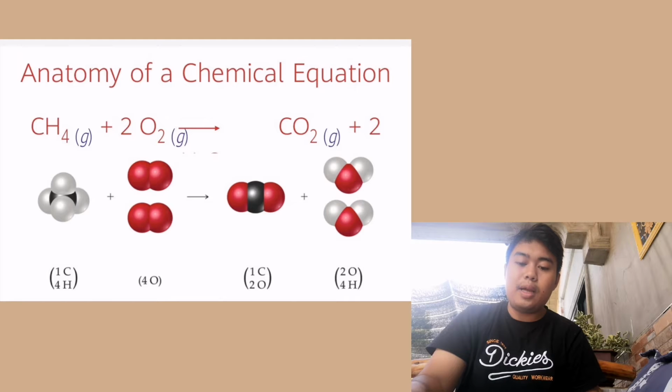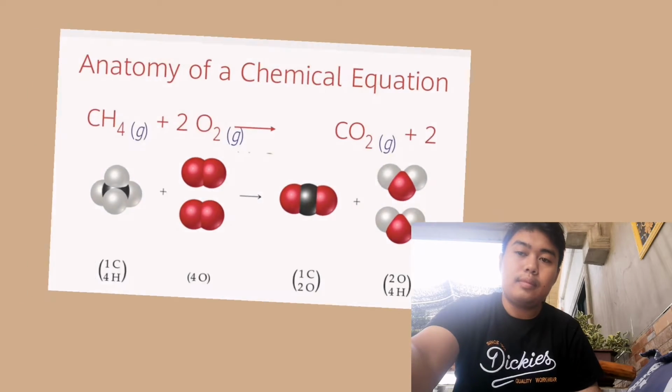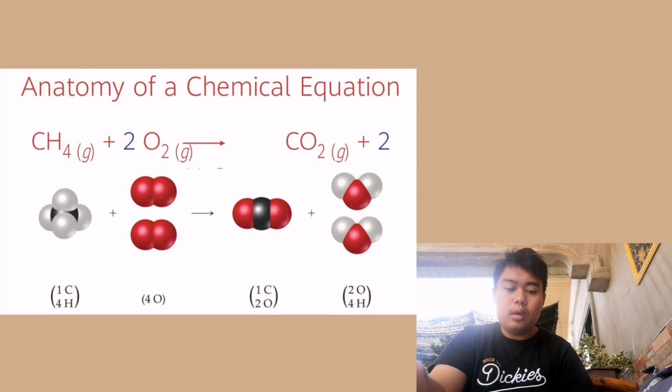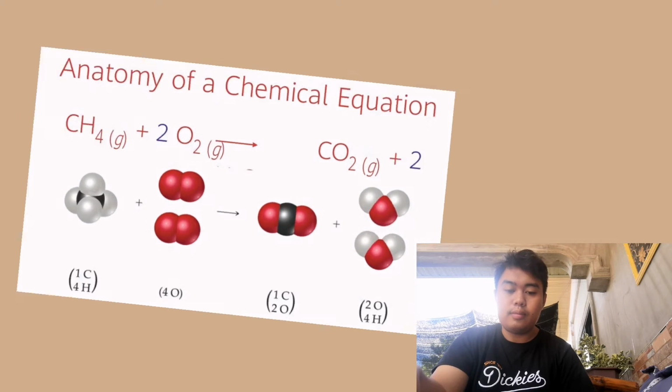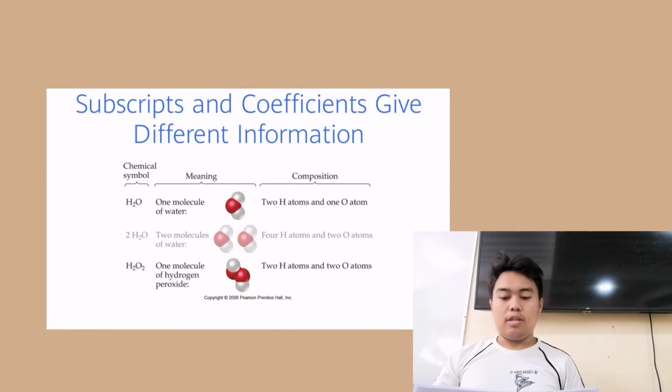The states of reactants and products are written in parentheses to the right of each compound. Coefficients are inserted to balance the equation. Subscripts and coefficients give different information. Subscripts tell us the number of atoms of each element in molecules.